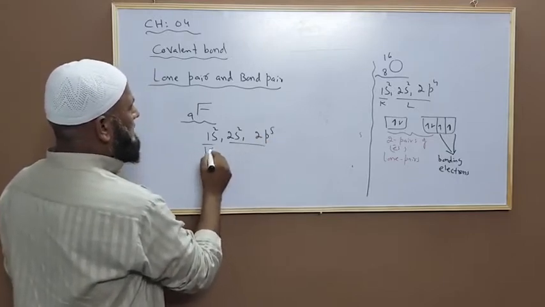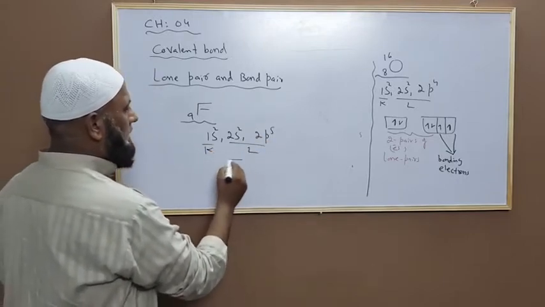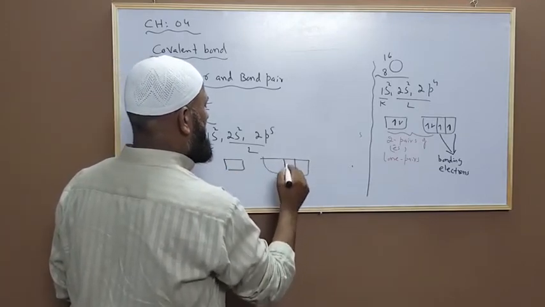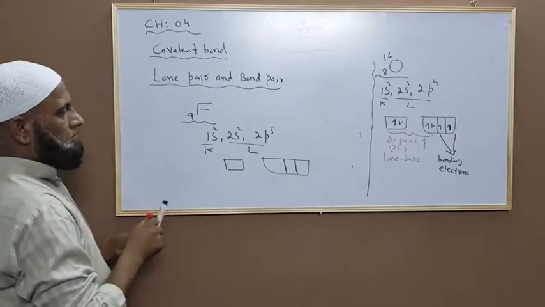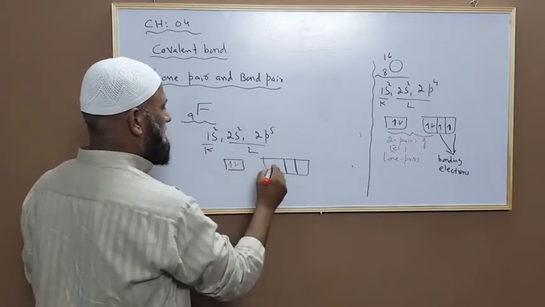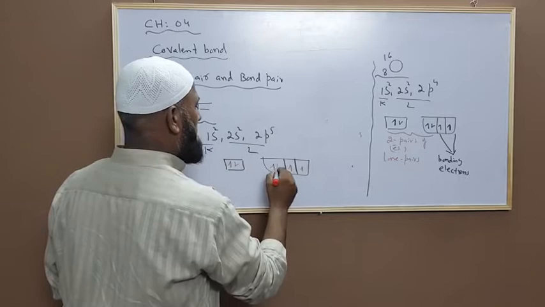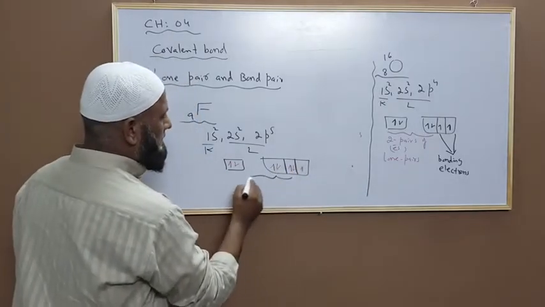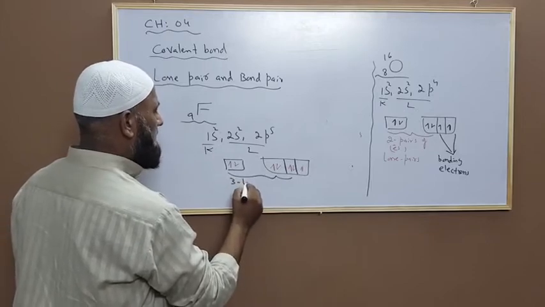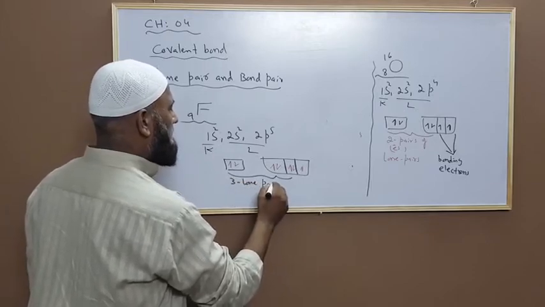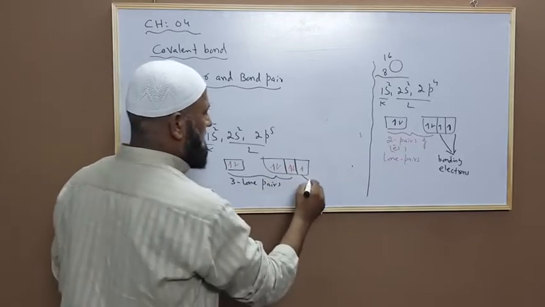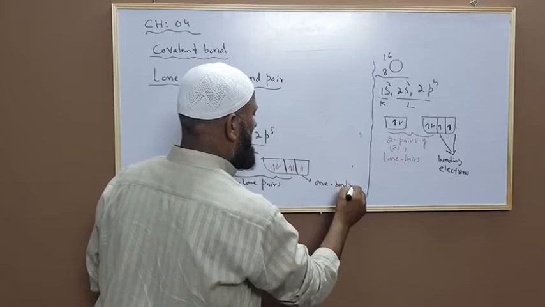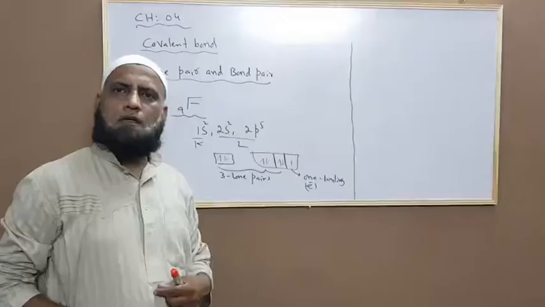So in this case, in the valence shell, you may see there are 3 lone pairs, and there is one bonding electron.